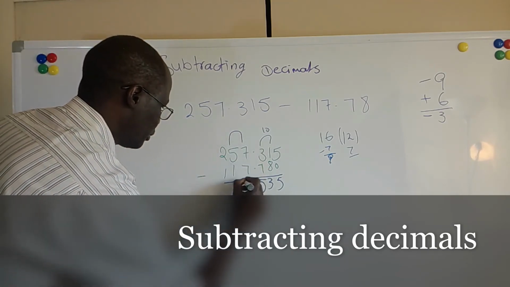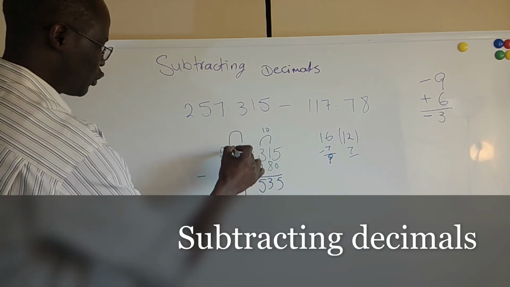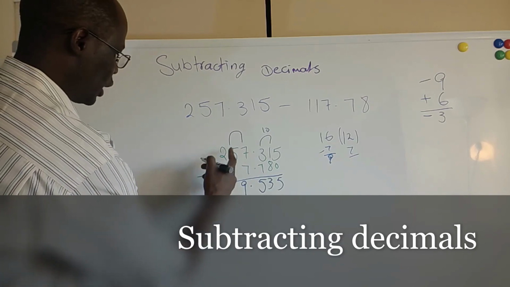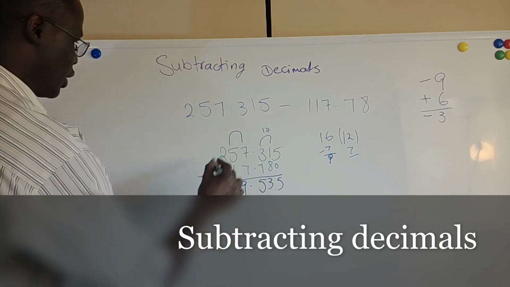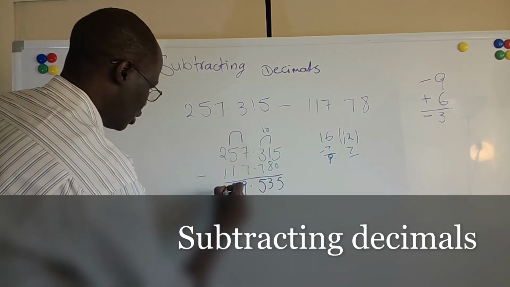This one is going to be a 9. You're left with 4. 4 minus 1, you're going to have 3. You still have 2 here, which was 200 minus 100, equal 100.